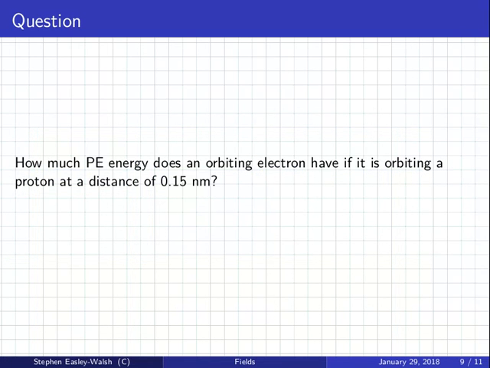I think you can do this one. How much energy does an electron have if it's orbiting a proton at this distance? Now, the potential energy, we have the formula for this. It's minus K Q1 Q2 over R. Can you calculate that, please?